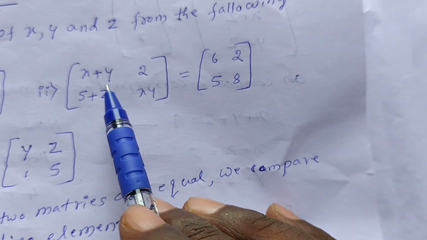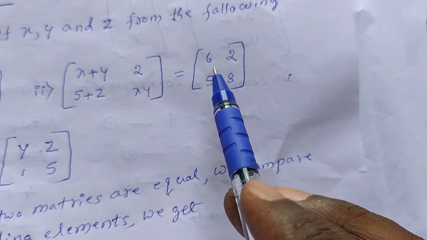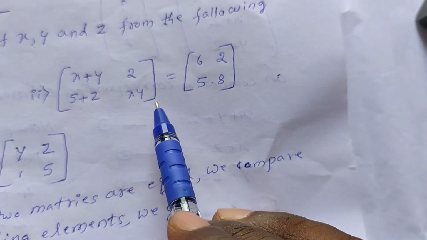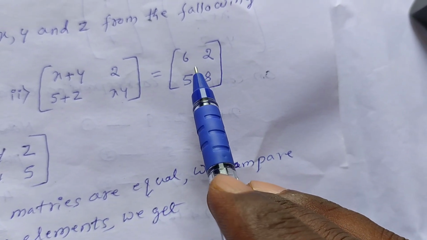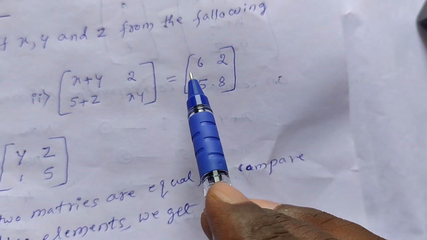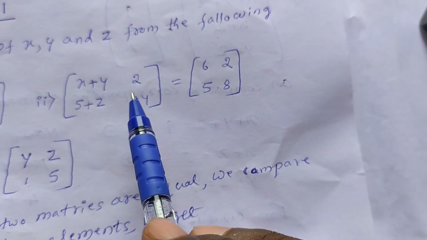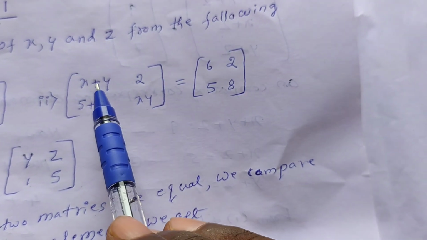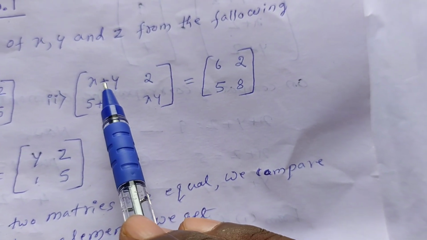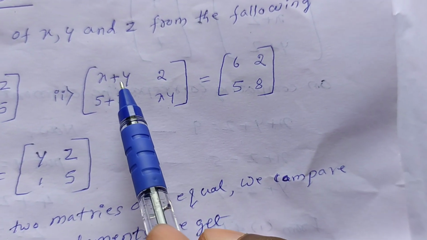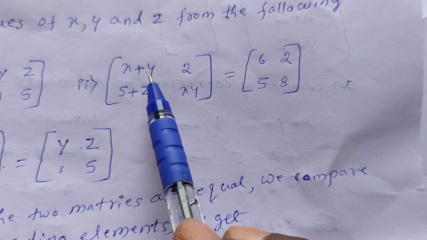See here, the order of the two matrices is the same, 2 cross 2. The order of this matrix is also 2 by 2. Hence they have the same order, and if the two matrices are equal, then we have to compare the corresponding elements.